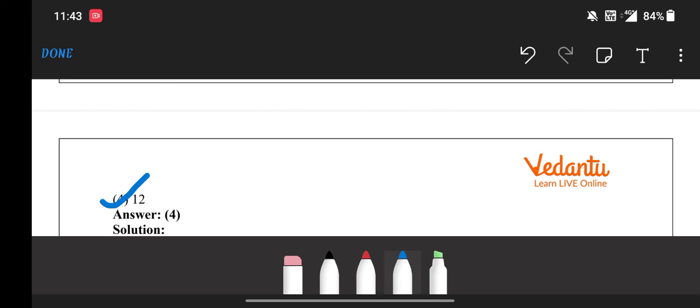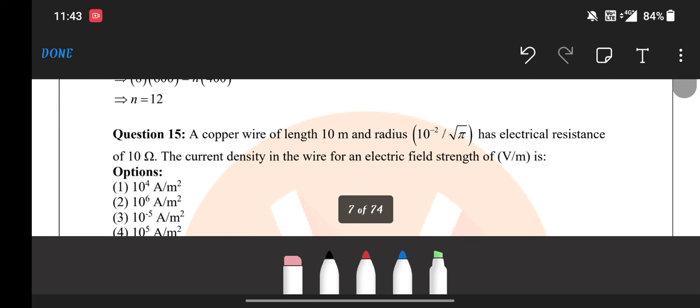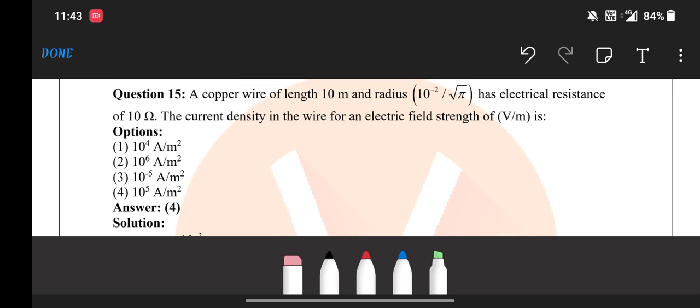So moving on to our next question, question number 15. In question number 15, they say a copper wire of length 10 meters and radius 10 to the power minus 2 by root pi meter has an electrical resistance of 10 ohms.